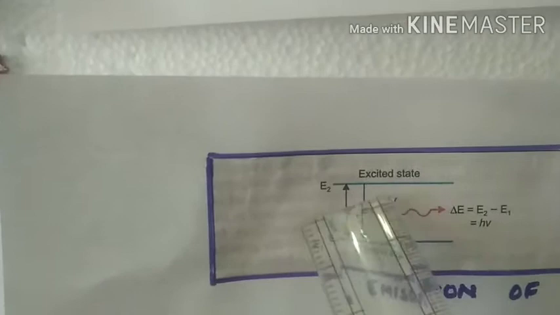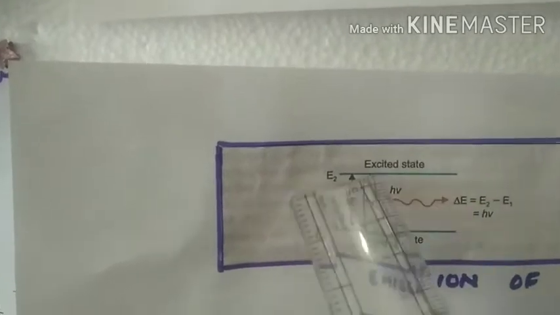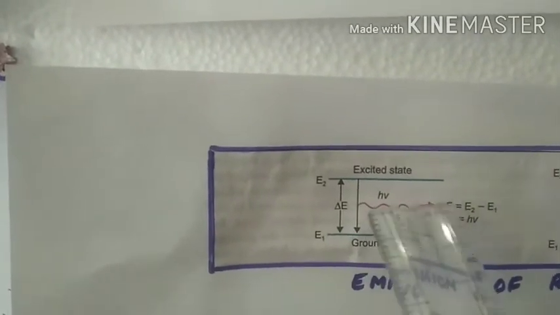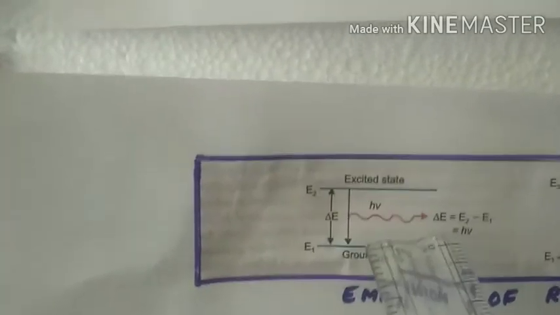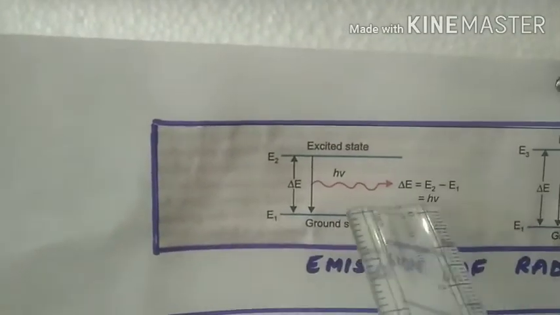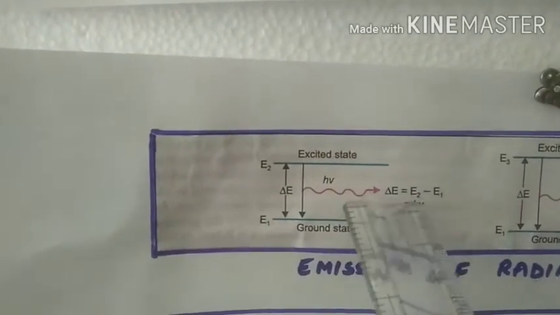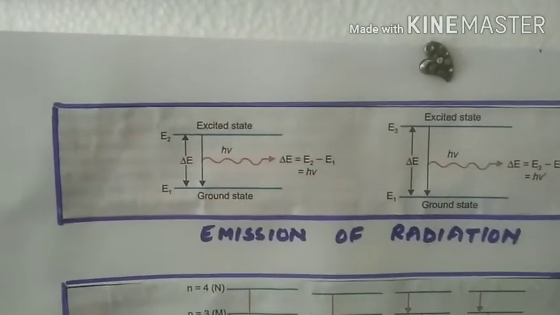Since the excited state is not stable, the electron will jump back to its ground state, and when it does so, it emits quantum energy as radiation. The value of that delta E will be E2 minus E1, and it is also equal to h nu. So you get a line in the spectrum of frequency nu.